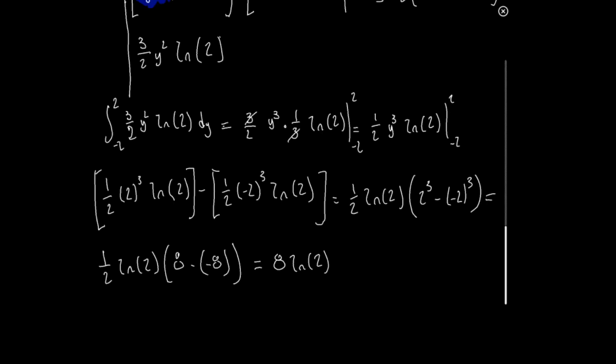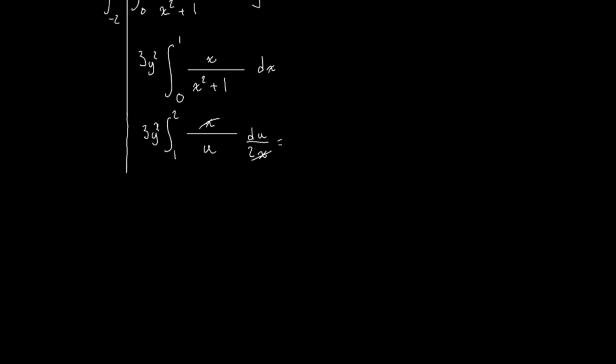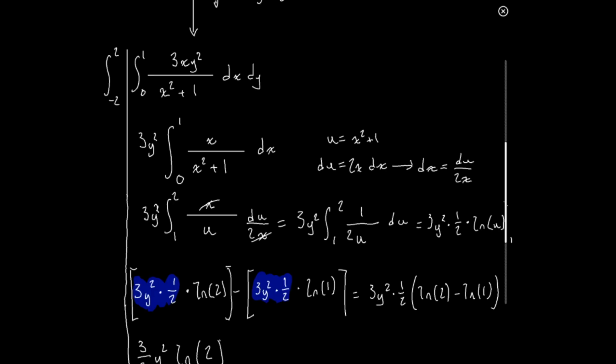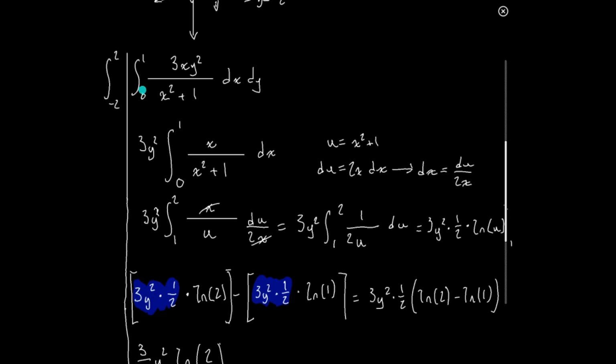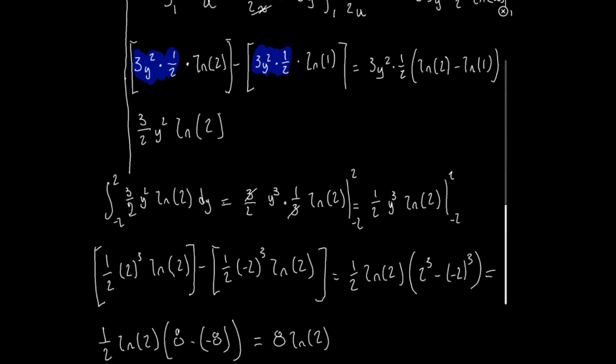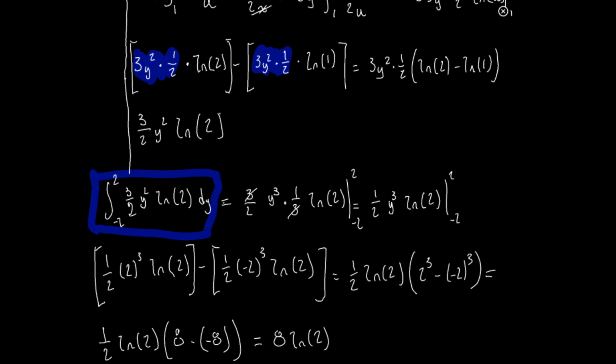And then we went back up to the top. Sorry for all this moving around, but we went back up to the top and we looked at our second integral, from -2 to 2 with respect to y. We plugged in the result that we got here into that, which gave us this right here.